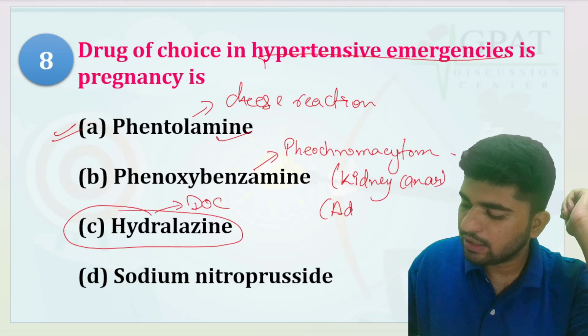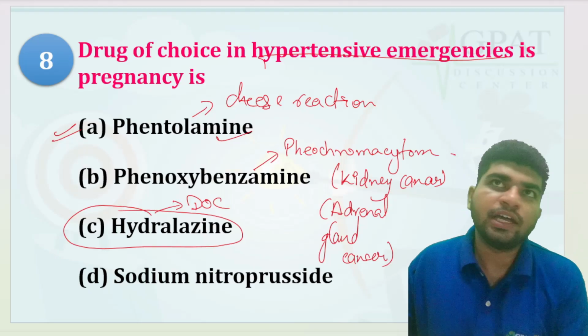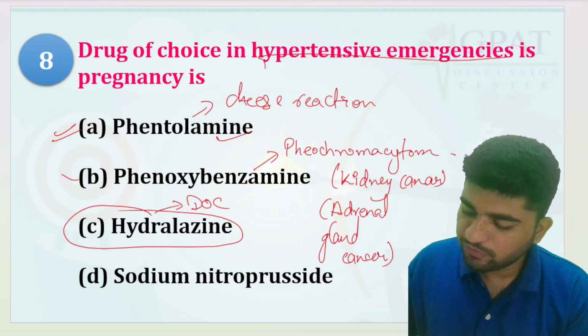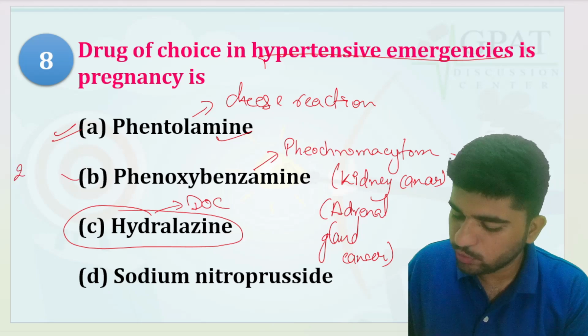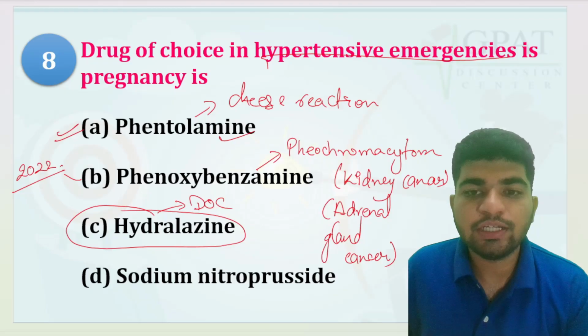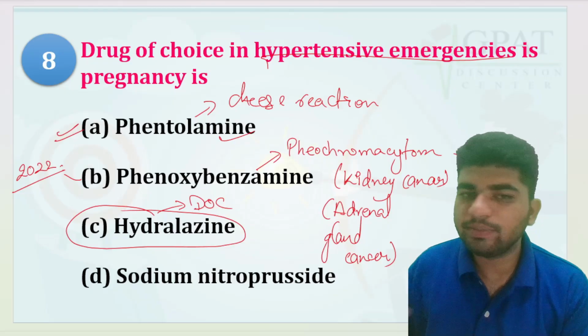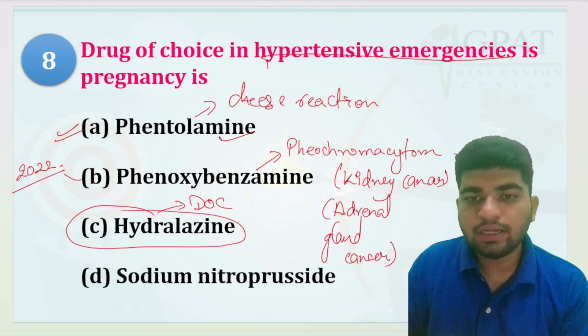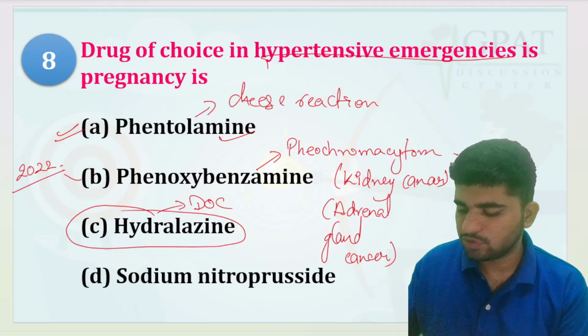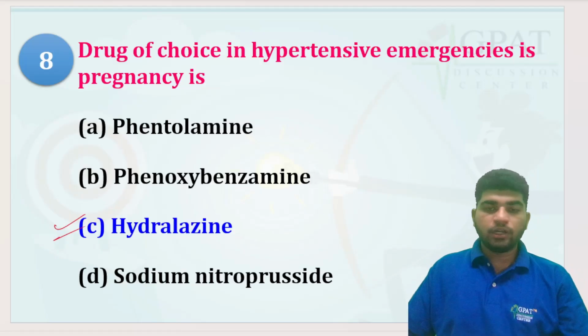If I remember correctly, phenoxybenzamine was asked in the 2022 GPAT exam: which drug is generally used for adrenal gland tumor? That is phenoxybenzamine. So you may note down that hydralazine is the drug of choice in hypertensive emergency in pregnancy.